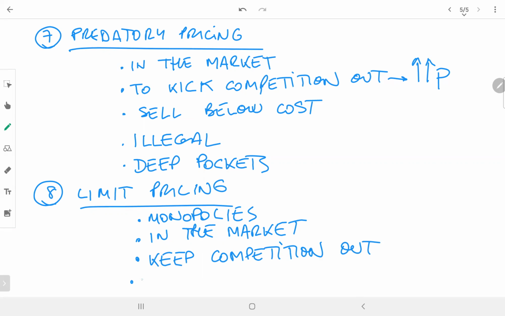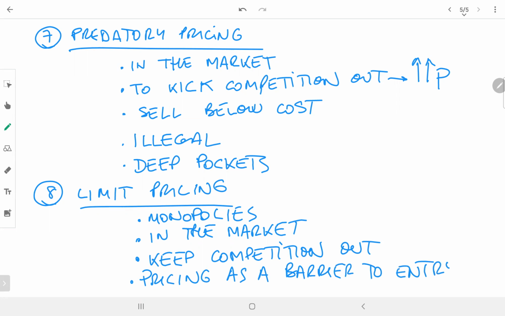So we're using pricing as a barrier to entry, and you're going to understand in a minute why. As a barrier to entry.